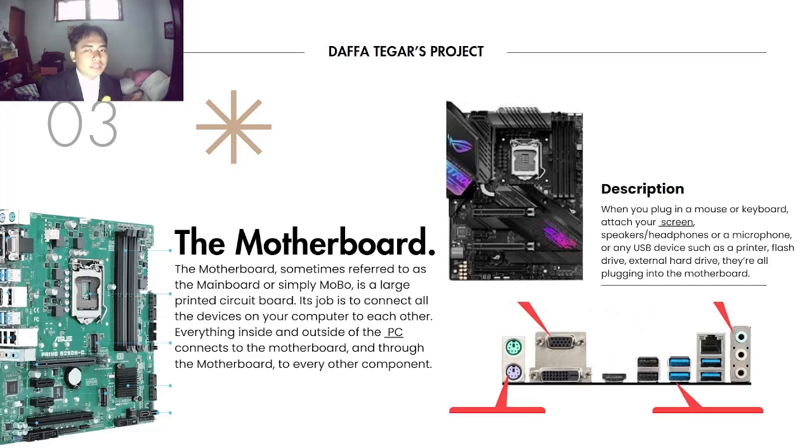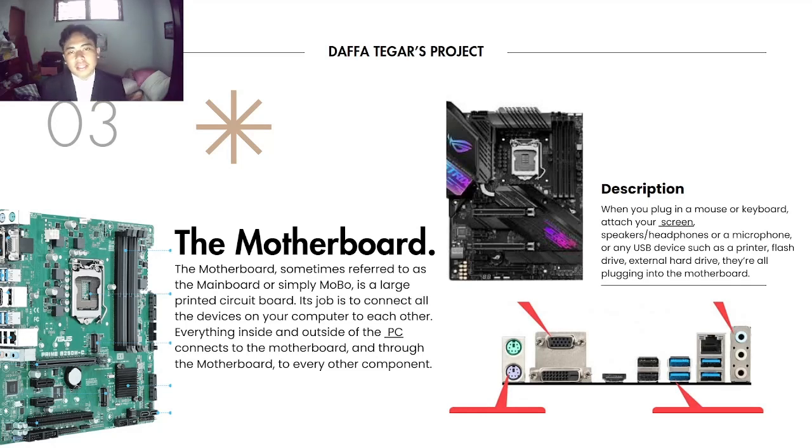So the first one is the motherboard. The motherboard is sometimes referred to as the main board or MOBO, as simple as that. It's a large circuit board that connects all the components of the computer, like the CPU, RAM, and others. Everything inside and outside the PC is connected to the motherboard.